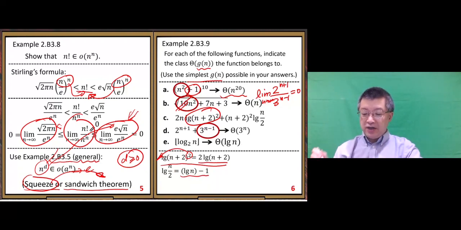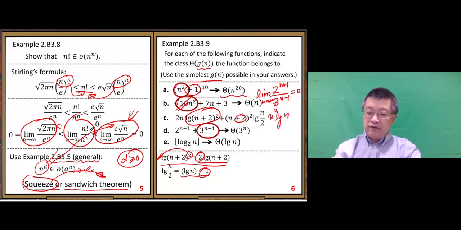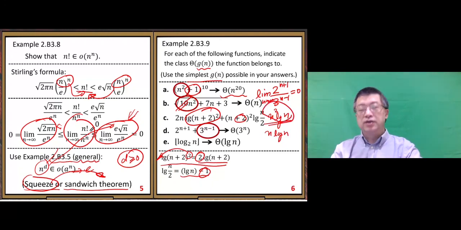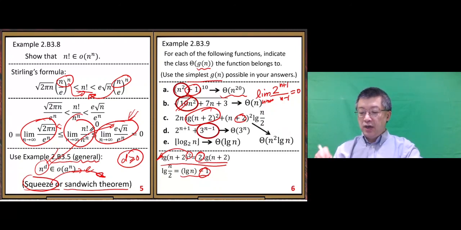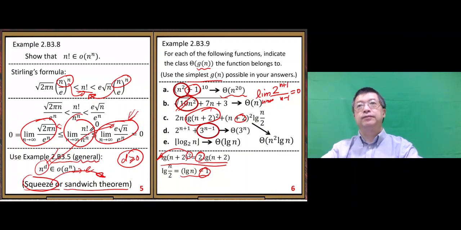Now you can see, because the constant is not important, we can ignore that, so we get n squared. So the second term is n squared log of n. The first one is n log n. So definitely the second term is dominant. So the answer is big theta of n squared times log n.